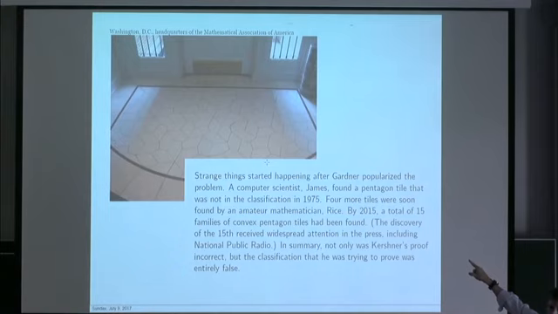It's one of the tilings that doesn't appear in the classification. And over time, more and more counterexamples were found to Kirchner's classification. So in summary, not only was Kirchner's proof incorrect, but the classification that he was trying to prove was entirely false.